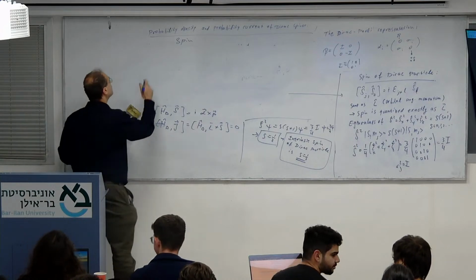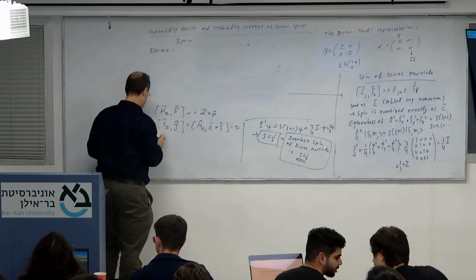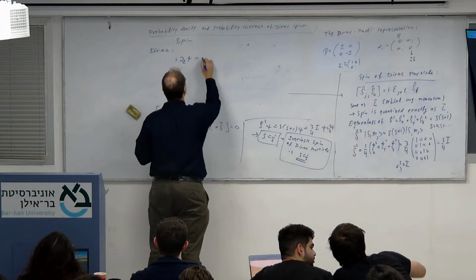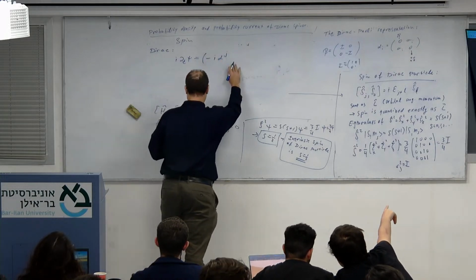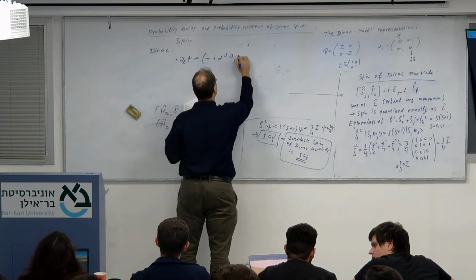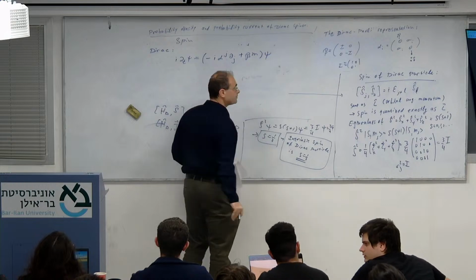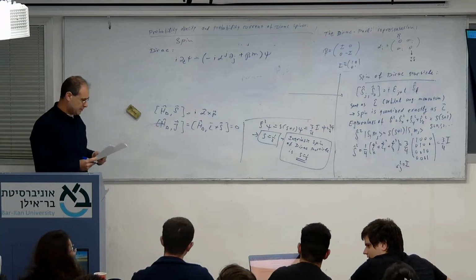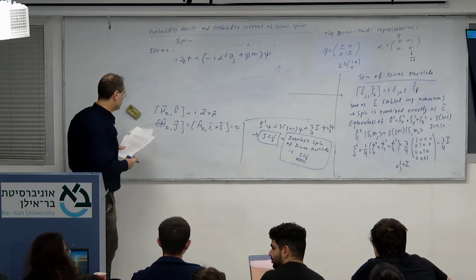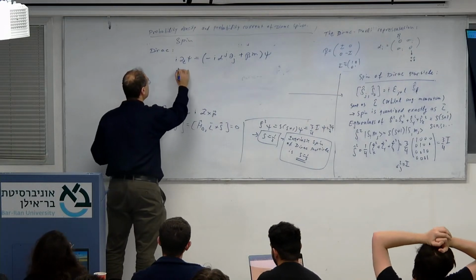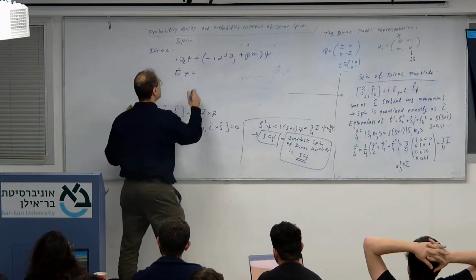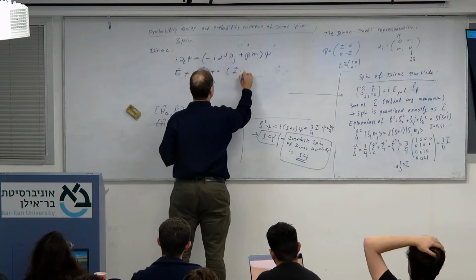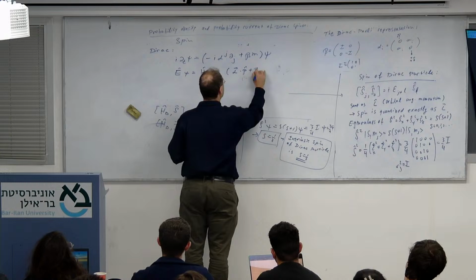We write i d_t psi is equal to minus i alpha_j d_j plus beta m, psi, which we also write as E psi is equal to H_D psi, which is alpha dot p plus beta m, psi.